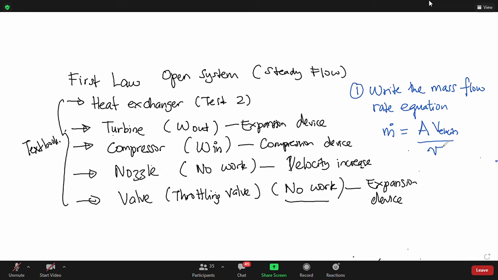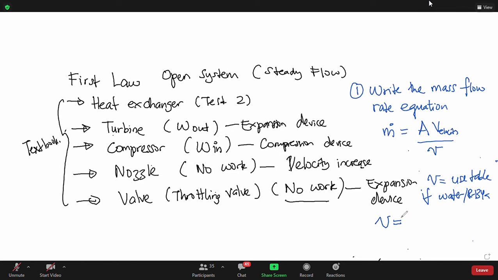So if it is a general system like steam or a refrigerant, you can go to the steam table to get the specific volume. Use tables if you have water or R134A.